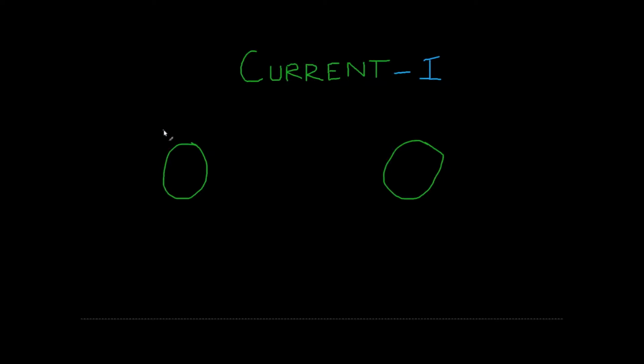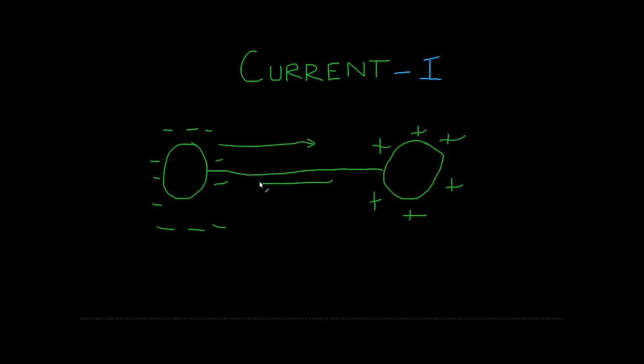For instance, if this is a negatively charged body, so it has an excess of electrons, and I have a comparatively positive body, more positive than this body, then the potential between these two would determine whether the flow of charge would be from left to right or right to left. So that's what potential between these two points determines.